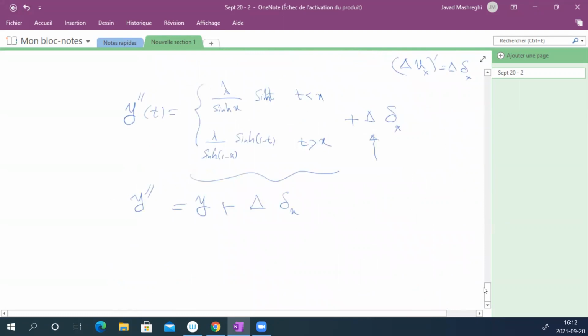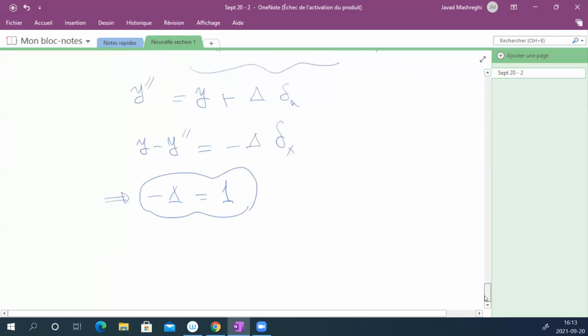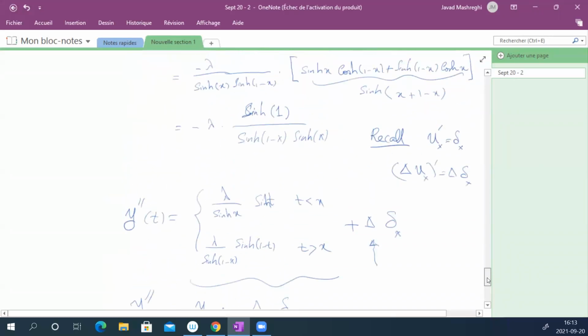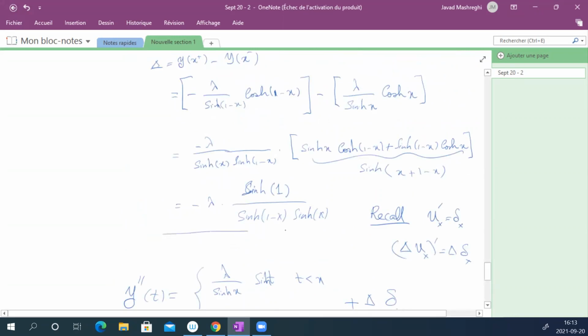So y minus y double prime is now minus delta x. So what we need, therefore, is that minus delta should be equal to 1. That's the condition I wanted to obtain. And what is delta? Here is the formula for delta.